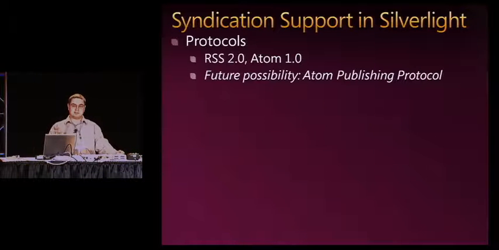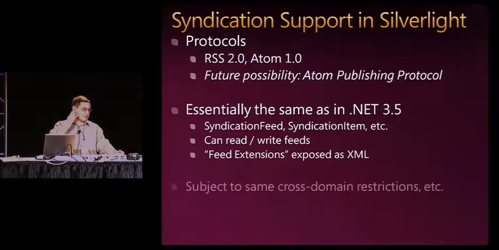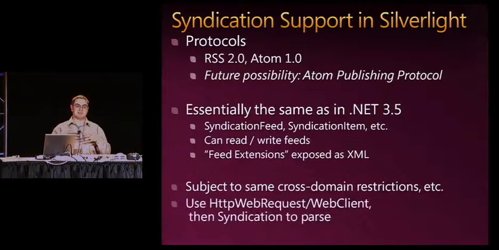Just to quickly summarize, those are the protocols we support: RSS 2.0, Atom 1.0. The support is essentially the same as in .NET 3.5. If you've used our syndication support in 3.5, you'll know how to use it in Silverlight. You can both read feeds and write feeds. It's of course subject to the same exact set of cross-domain restrictions and so on. The feed OM doesn't do any networking.